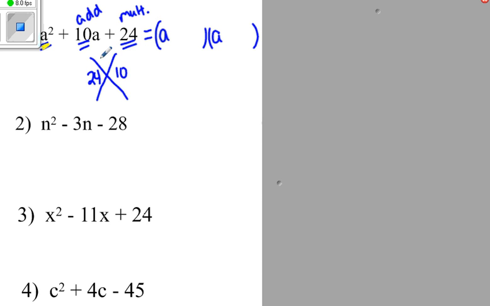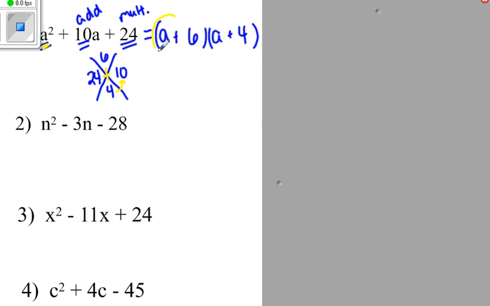Another factor of 24 is 6 and 4. So if we check, 6 times 4 equals 24. 6 plus 4 equals 10. So since this combination has worked, we're going to use positive 6 and positive 4 as the factors for my trinomial.